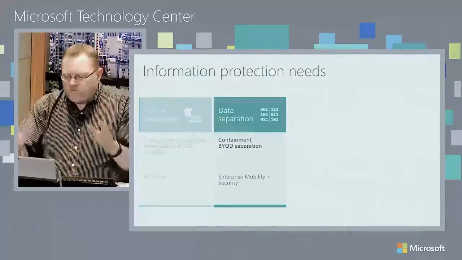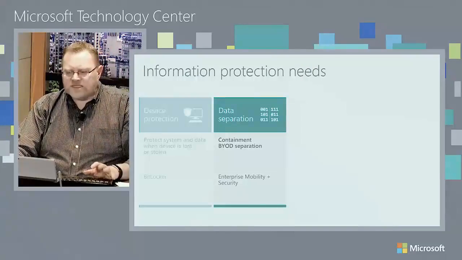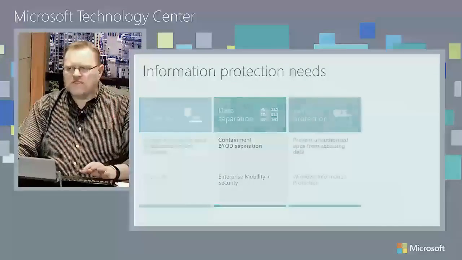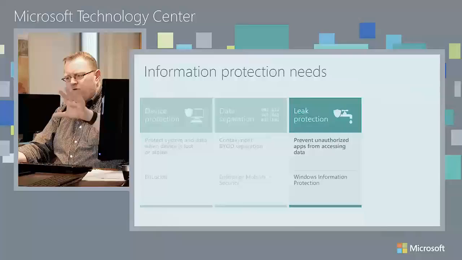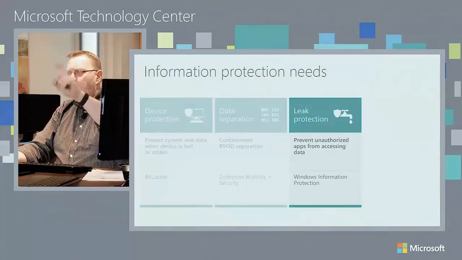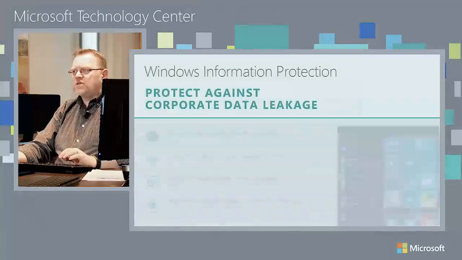These are new features that we can bring into play to say, this is where my secure containers are. And the last thing is we want to prevent unauthorized applications from accessing data. I don't want you picking up that client confidential document and sending it to your personal email account, or copying it into your personal OneDrive or iCloud. I want to be able to manage protection there.